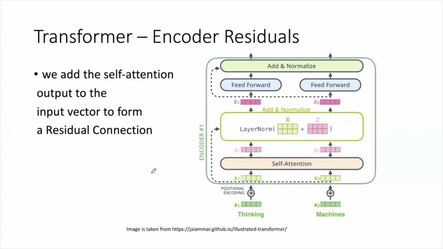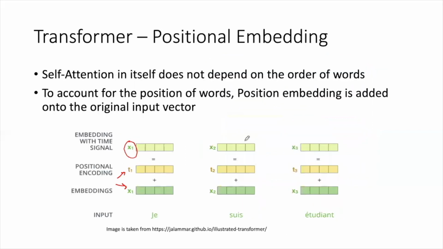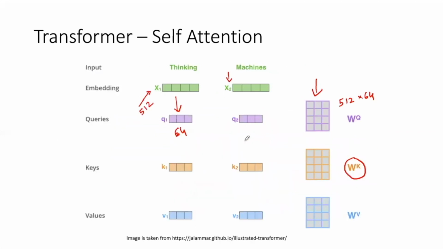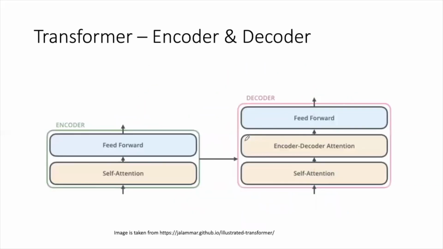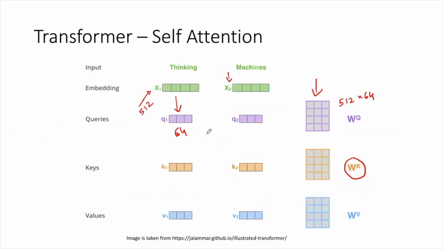There's a direct connection so that the gradient propagation happens easily. We typically see them in several other networks, and similarly we see a residual connection here. Earlier we saw that once the self-attention is done, there is a feed forward network, but we don't pass it directly to the feed forward network.